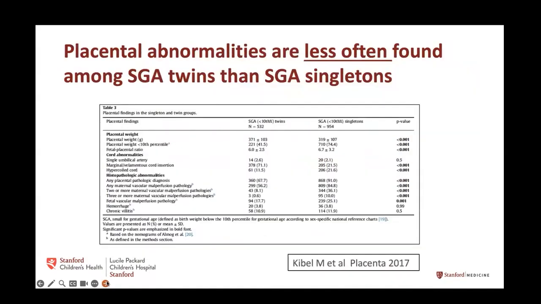To add to that concept, when looking at placental abnormalities, when twins are diagnosed with SGA versus singletons, placentas of singletons are much more likely to have a placental issue than twins. Again, suggesting that in SGA twins, because we're not as good at identifying small babies, it's probably not necessarily a placental function issue, but possibly an overcalling.